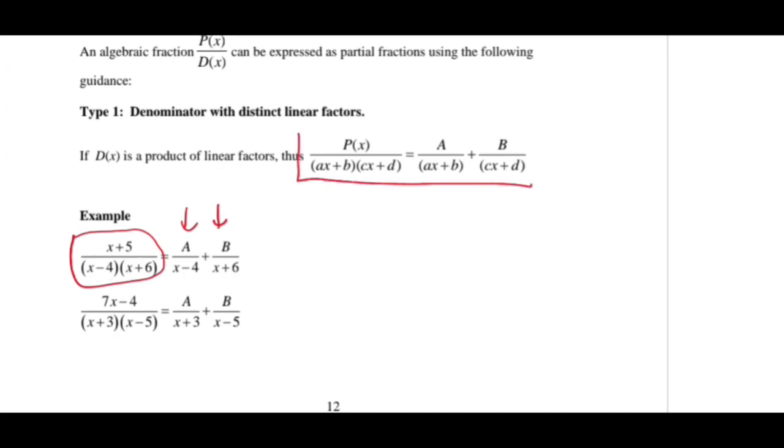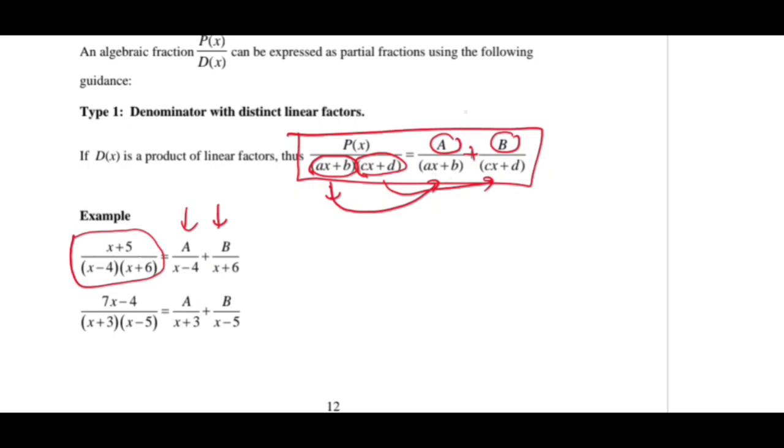We can use this first formula when our denominator consists of linear factors. So just write each of the factors one by one, separate them with an addition sign, and just write a constant A and B there. And why is it constant A and B? Remember, because it's a proper fraction.